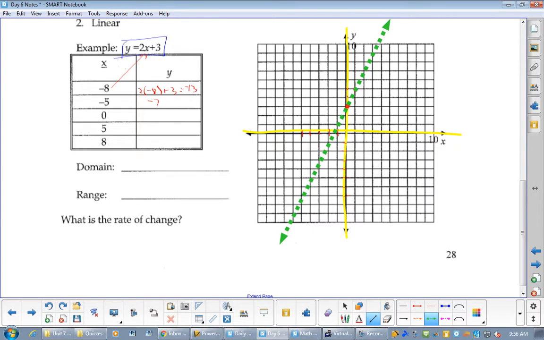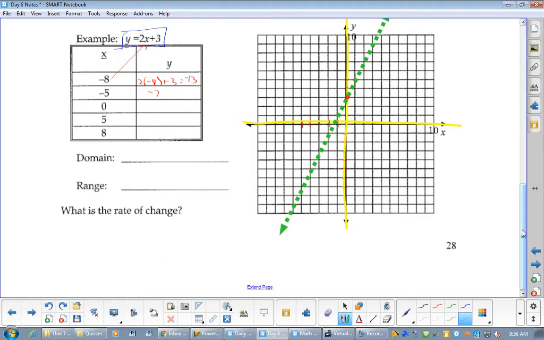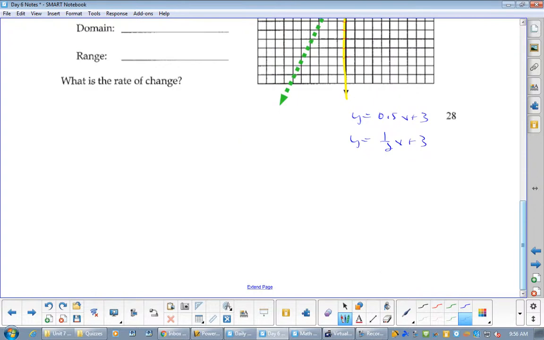So you know how people hate fractions? They're much nicer when you're dealing with, like if you gave me y equals 0.5x plus 3, I don't like that. I like this, y equals 1/2 x plus 3, because what does that mean? Up 1, right 2. Okay? So this number here up top is always up or down.